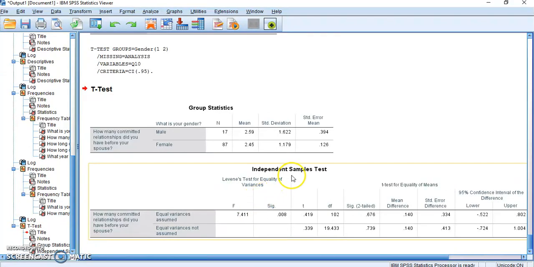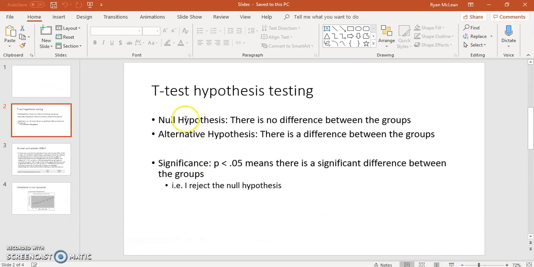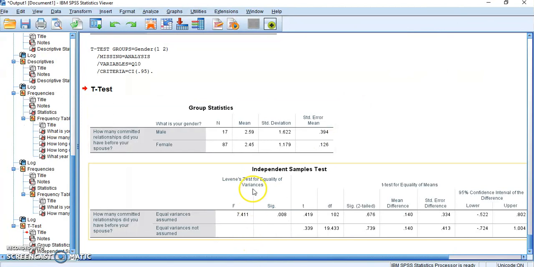This first part, just this box right here, Levene's test for equality of variances, is going to determine which line we use. So if we go back here, we have a null hypothesis, there is no difference, an alternative hypothesis, there is a difference, and p less than 0.05 means there is a significant difference. So we want equality of variances.